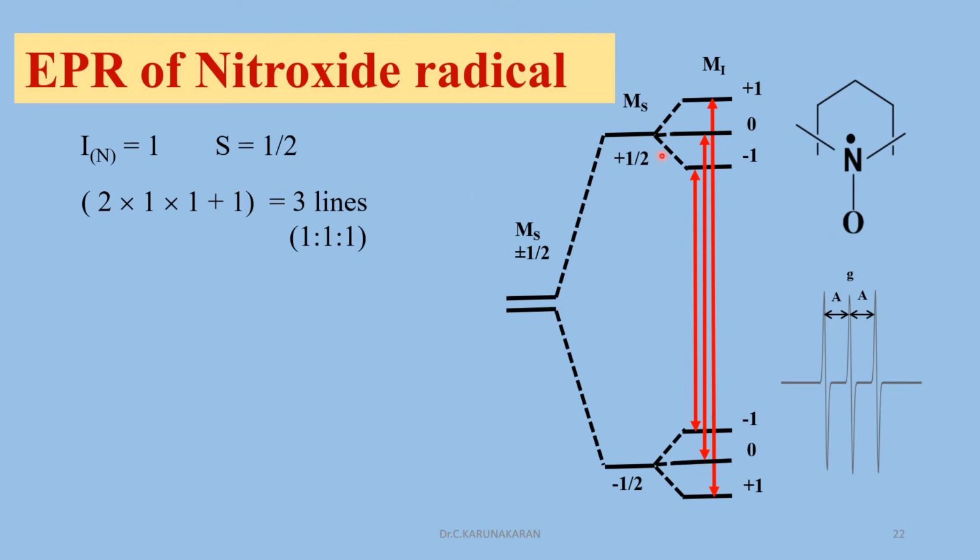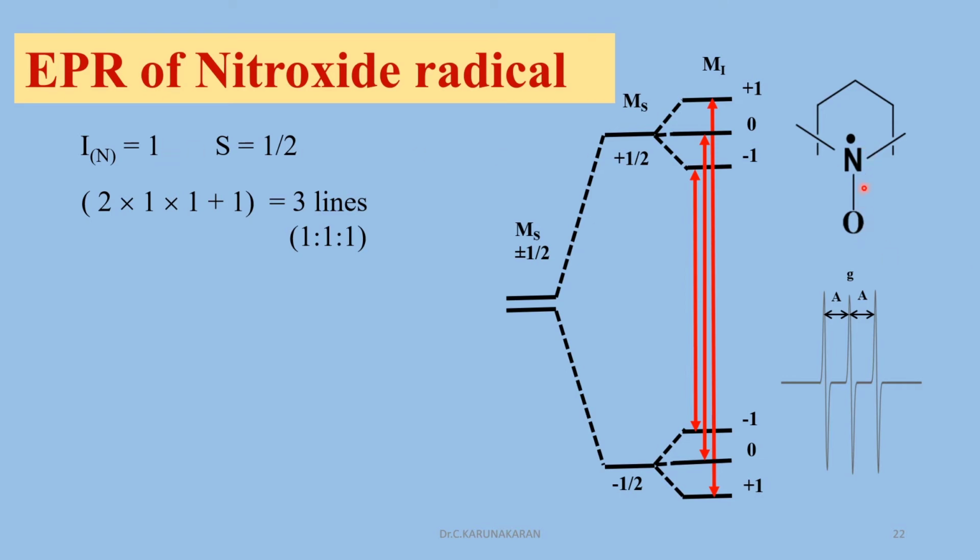EPR of nitroxide radical. These nitroxides are very important organic radical compounds used in spin labeling, ESR spin labeling. We'll see further. The unpaired electron is on the nitrogen atom, delocalized over the nitrogen-oxygen bond.